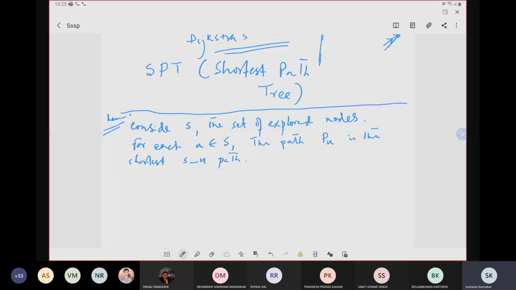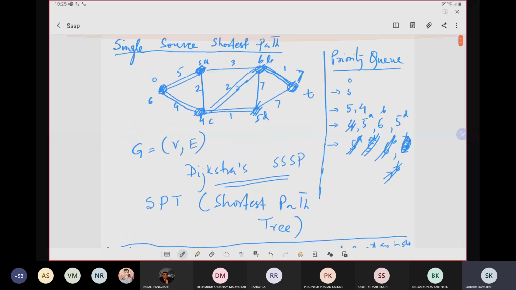Okay, so if you see this algorithm, eventually all become explored. But if you consider at any point, initially S was only this, then it became like this, then it became like this, and then it became like this, and then like this, and then 7.